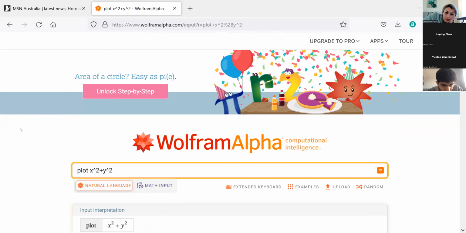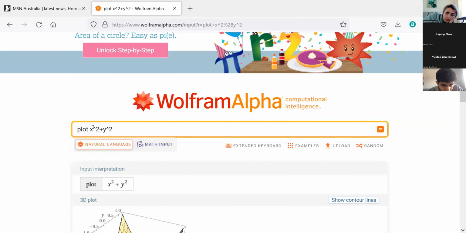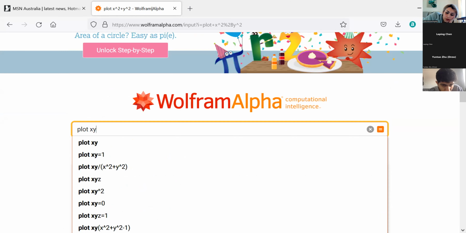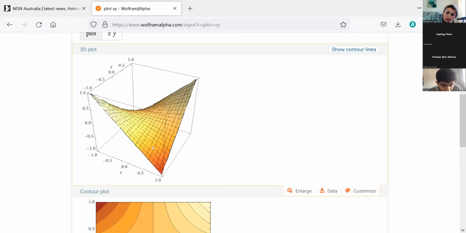Okay, you can see I use x squared plus y squared, and the plot shows you a graph like this. And you have x, y, and z because you have more than two variables. Another example, because you cannot plot this one by hand, you should use software. For example, plot sine of x y. Look at your graph.